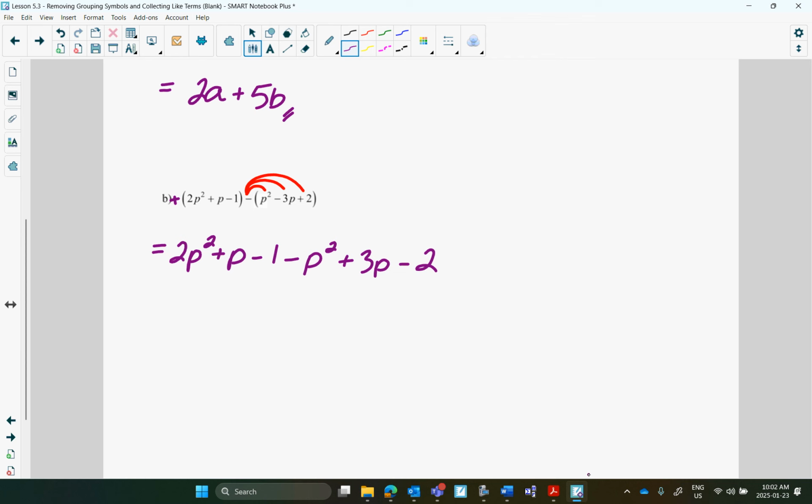And now we can collect like terms. Remember, if there's no number in front, it's always assumed to be 1. Just keep that in mind. So when we collect the p squareds, p squared plus 4p minus 3, excellent. 2p squared minus 1p squared is 1p squared, or just p squared.